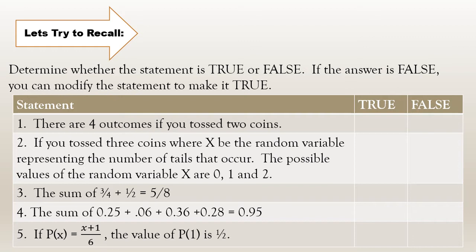True or false? Number 3, the sum of 3/4 plus 1/2 is equal to 5/8. True or false? Number 4, the sum of 0.25 plus 0.06 plus 0.36 plus 0.28 is equal to 0.95.